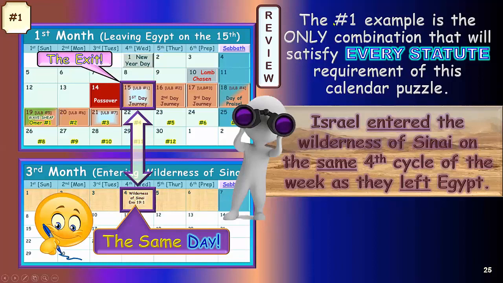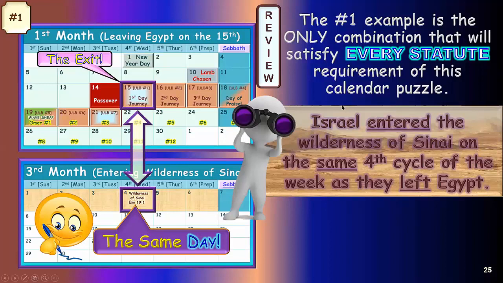The number one example is the only combination that will satisfy every statute requirement of this calendar puzzle. Yes, every statute requirement written in the scriptures. It's the only one. There is no other calendar that can satisfy every single statute and all the documentation in the scriptures.